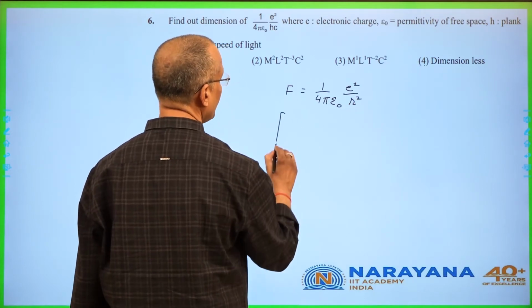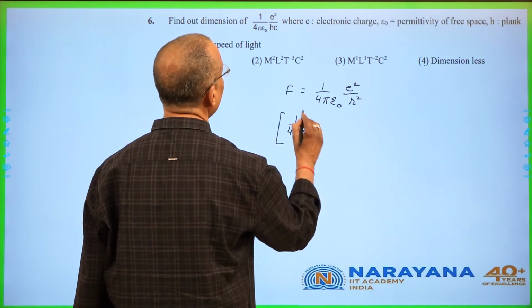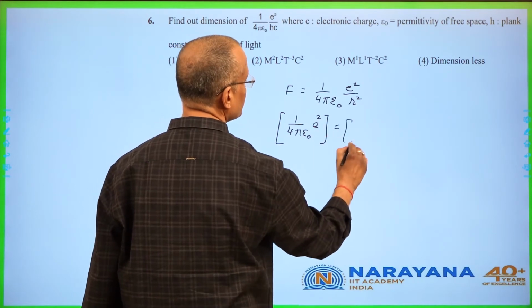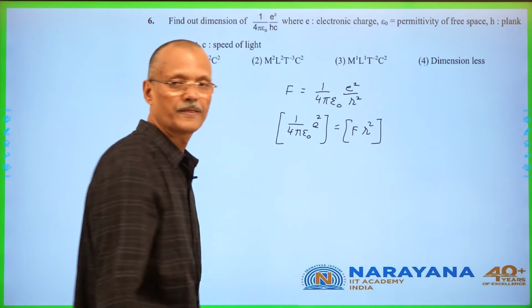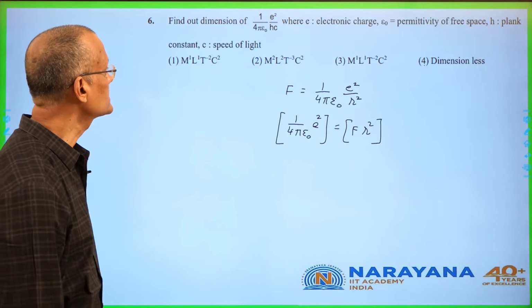If I take the dimension of 1 by 4 pi epsilon naught e square, then this will be the dimensional formula for F r square. Clear to you?